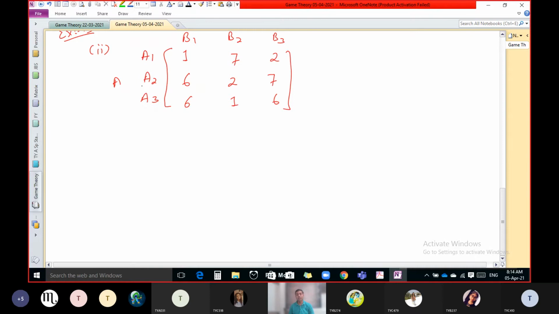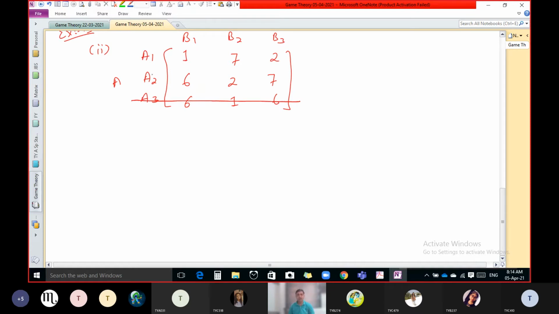He always selects A2 whenever he has a choice between A2 and A3. So we can say that A3 is dominated by A2. A3 is not considered as one of the strategies for A whenever A2 is available. So just remove this from the table and continue.